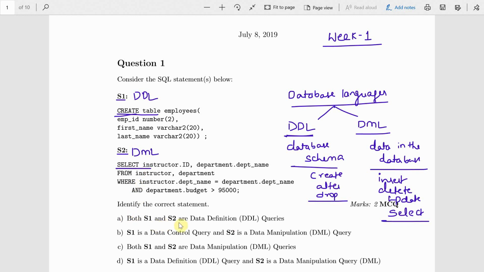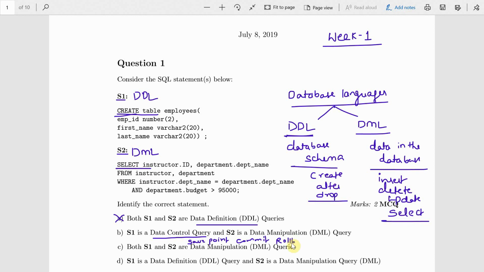Option A is given: both S1 and S2 are in data definition language. Incorrect, because S1 is DDL, S2 is DML. Option B is S1 is a data control query and S2 is a data manipulation language. See, actually here it is given data control query. Data control language contains save point, commit, rollback.